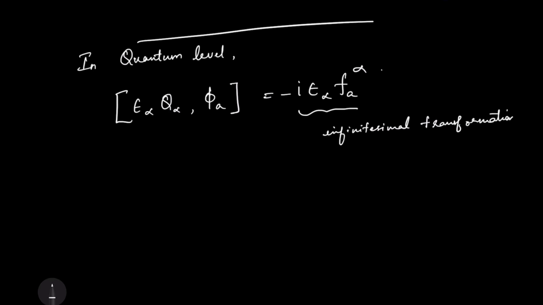By exponentiating the charge, that is e raised to i lambda Q, you get an operator. Let this operator be U lambda.